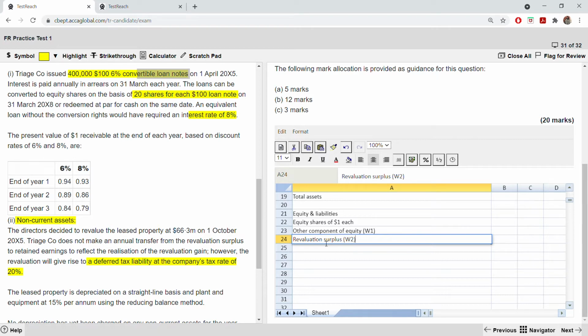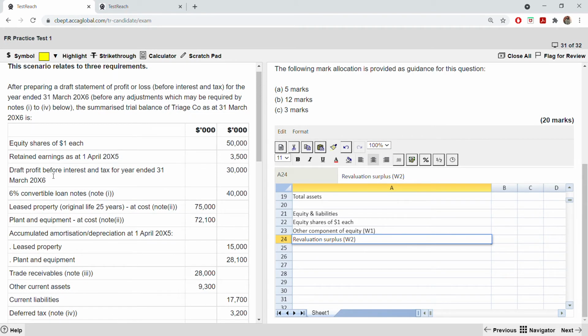Next, we have retained earnings. This is there in the original trial balance. If you see retained earnings, okay. But retained earnings also has a working, working 4. Sorry, there's a separate working for retained earnings.